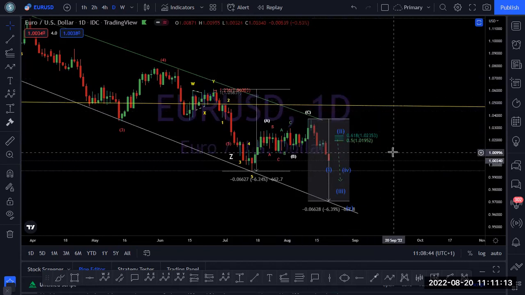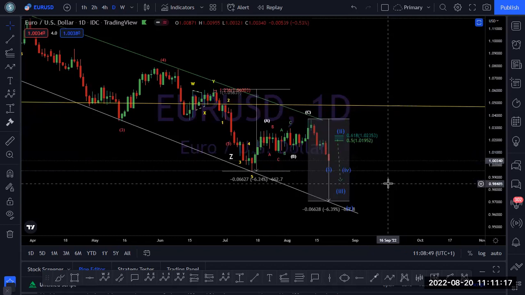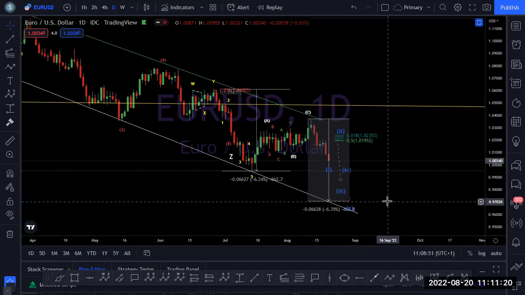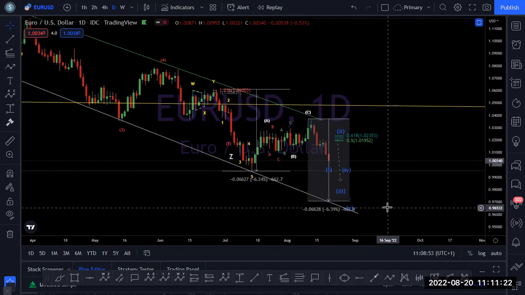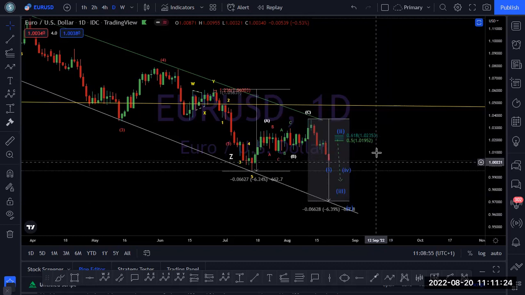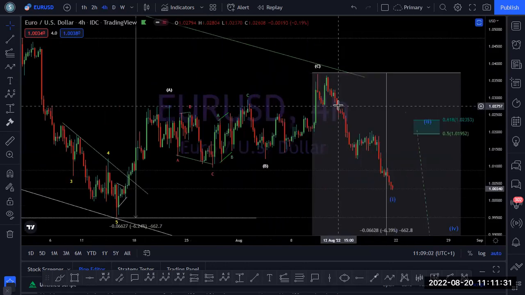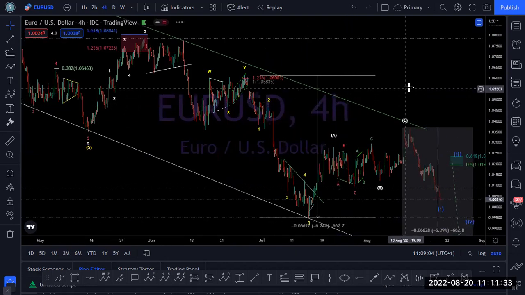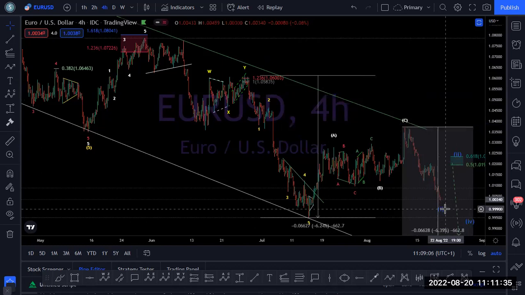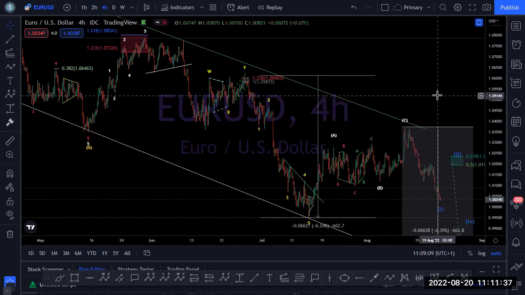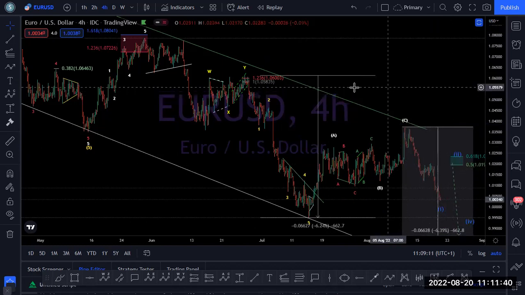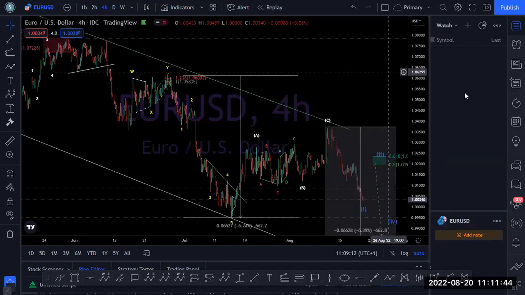Whenever you are buying DXY, you are selling EURUSD; they go in opposite directions. So now we are expecting EURUSD to drop to 0.97 or lower. So what is my next move? It's simple. I am looking for a correction. This is wave 1. I'm looking for a correction as wave 2. Then I say wave 3.